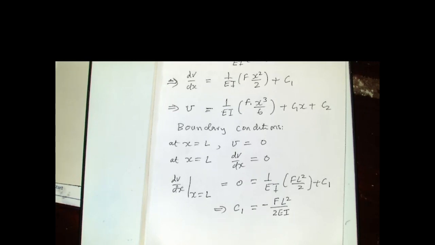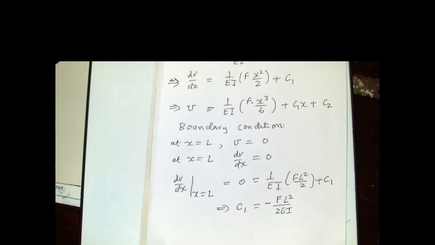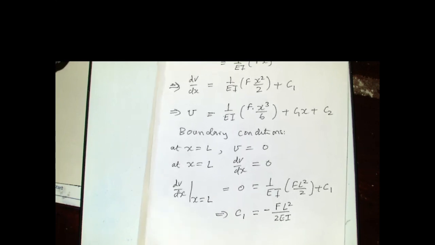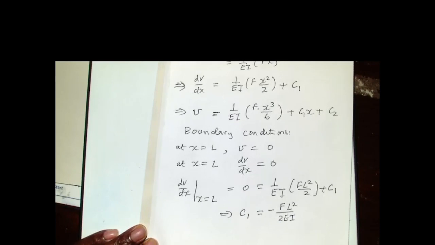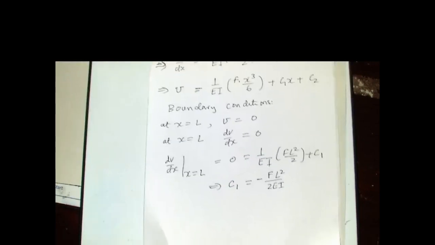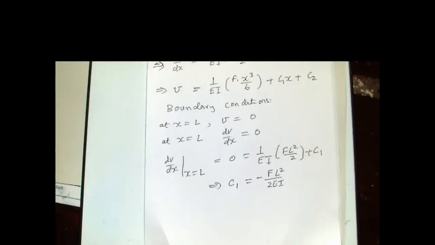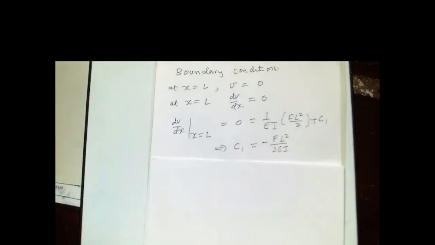And then we go back and do it for the second one. I will say, okay, what happens when we put x equals L and v equals 0 at that point. Now I know C1, so instead of C1 here, I'm going to use this. So v equals F x cubed over 6EI plus C1 x plus C2.